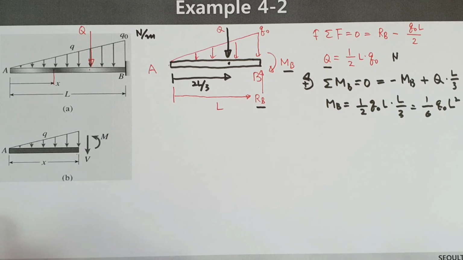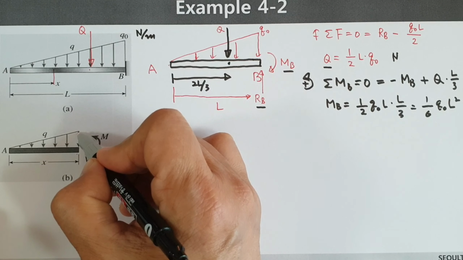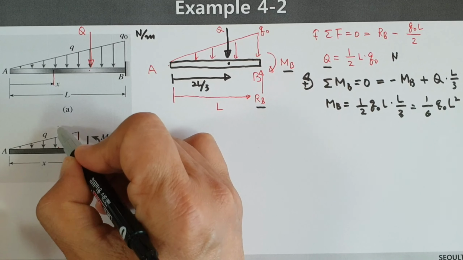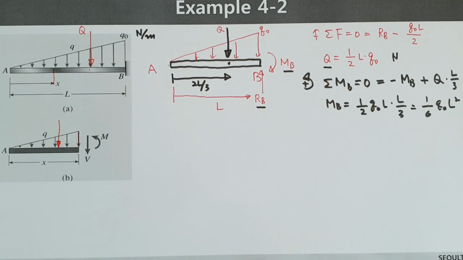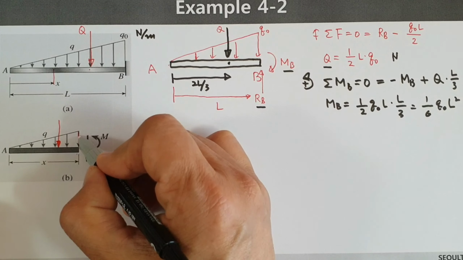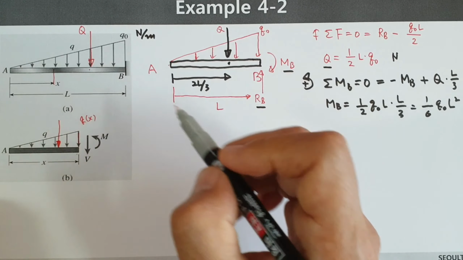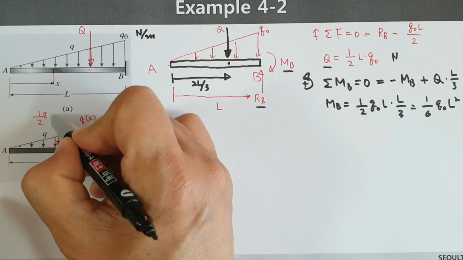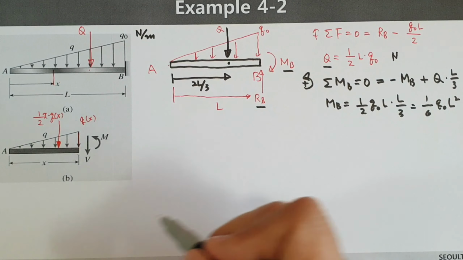And the problem is this Q is located like this one. We would like to know this one, because the equivalent concentrated force is acting like this one. Let's say this one is QX. Then this one is what? 1 over 2 triangle area, X, QX.